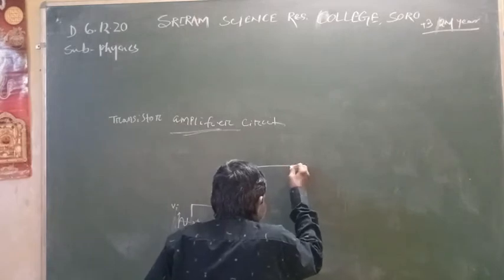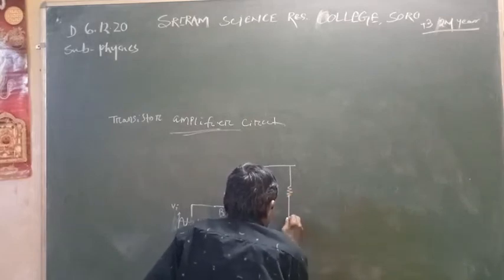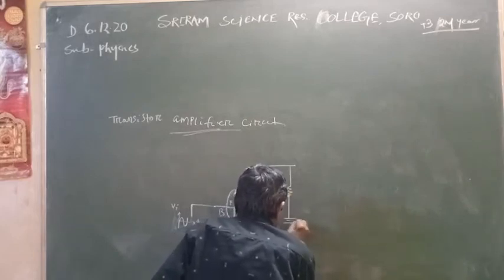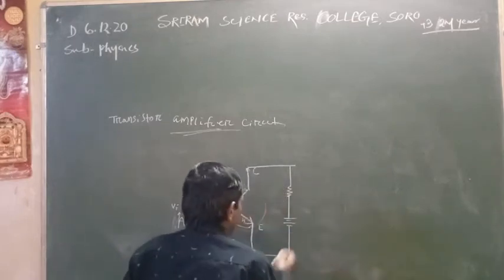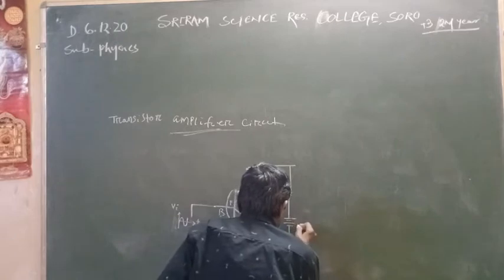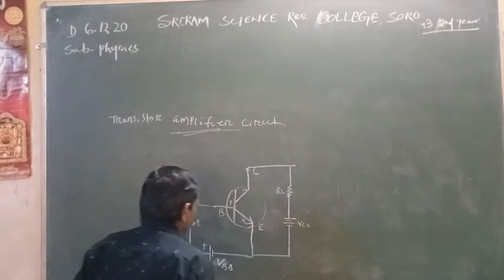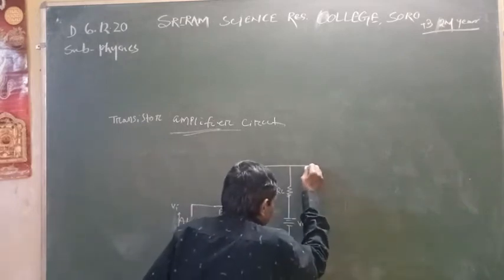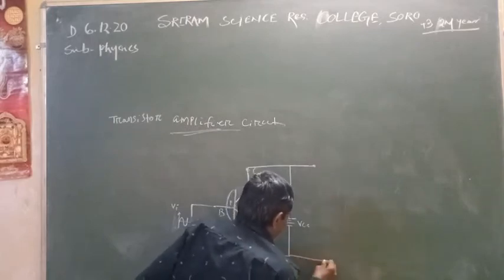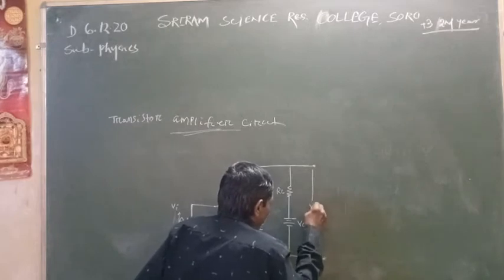Here this is the load resistor RL, and this is the supply battery voltage VCC. This voltage is known as the amplified output voltage V0.